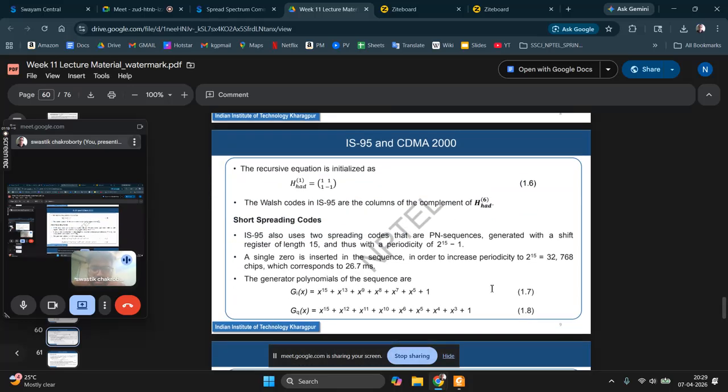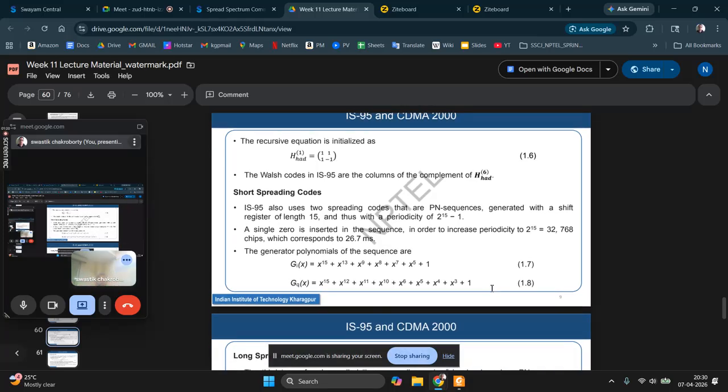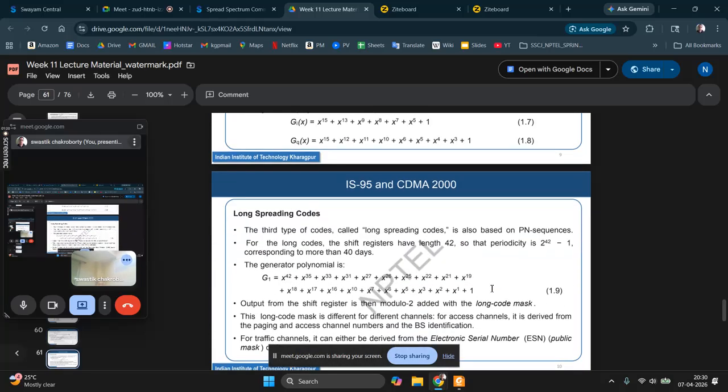Next, there are two spreading codes which are generated using PN sequences. They use a shift register of length 15. They use generator polynomial sequences. And another is the long spreading code that uses a shift register.